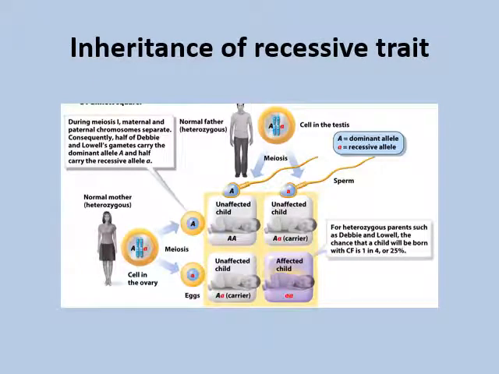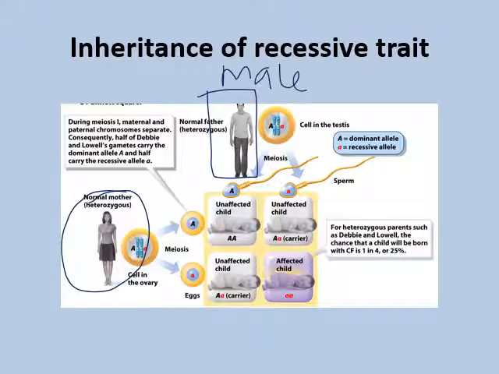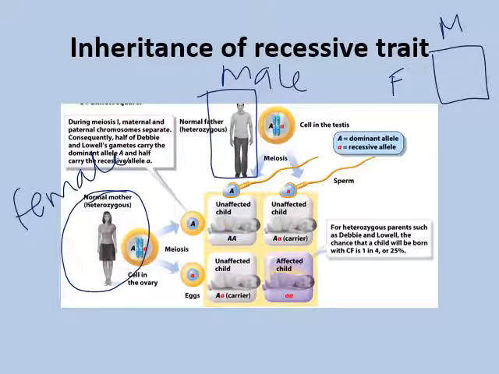Okay, so we have dad up here and mom over here. Usually this is how we set it up. So usually we'll have the male over here and the female over here, okay? So you can draw these always on your own, male and female. And then in the case of the girl who has cystic fibrosis, both of her parents were normal. So we know that they must have at least been a carrier because affected children or people with cystic fibrosis are recessive, right?